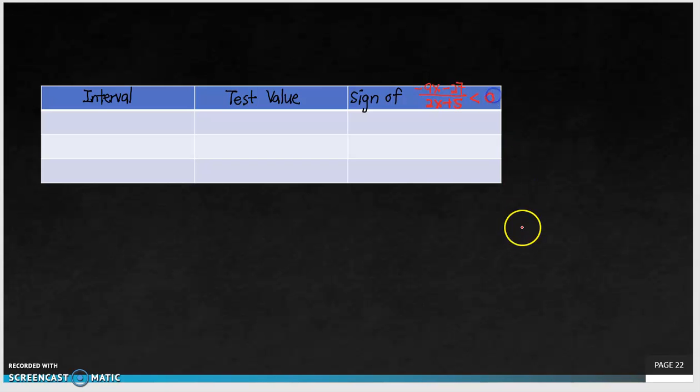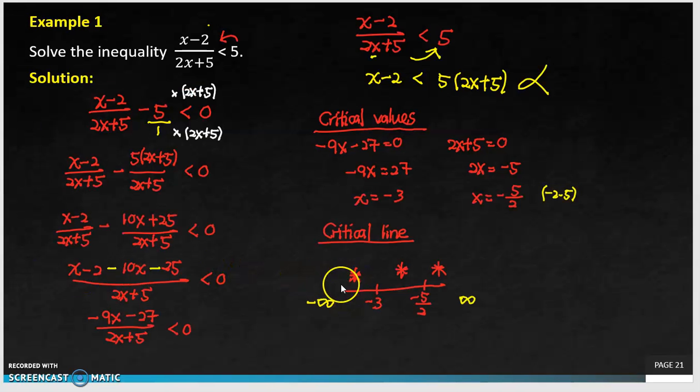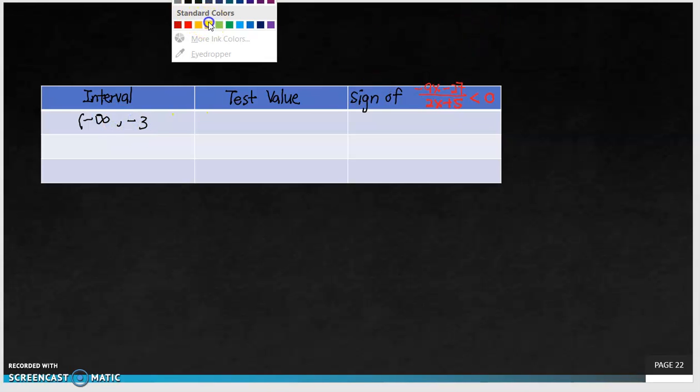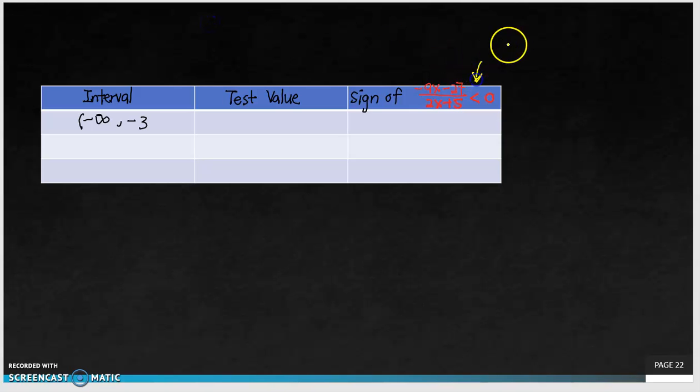The first interval, as you can see on this slide, is negative infinity until negative 3. The endpoint is not included, so we use a round bracket and a small open circle.